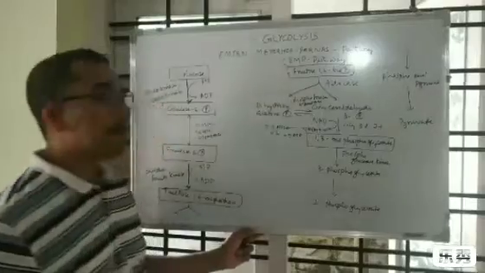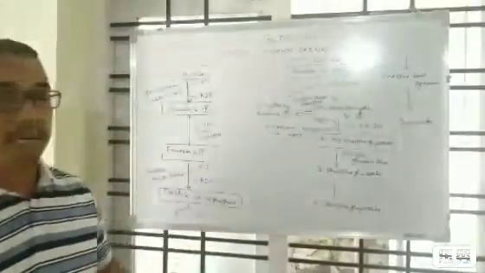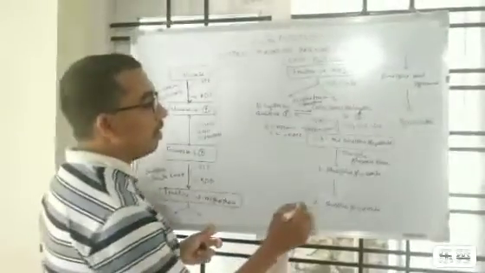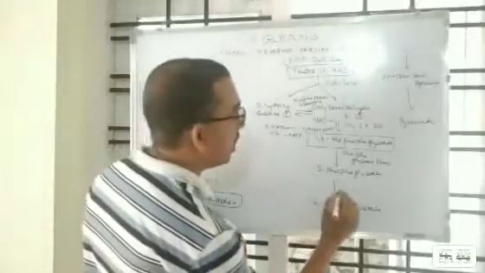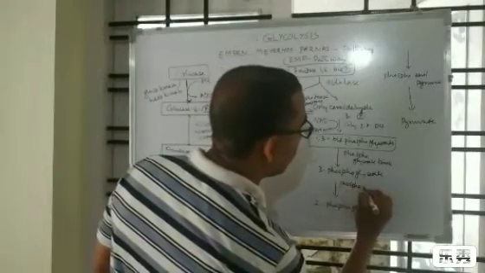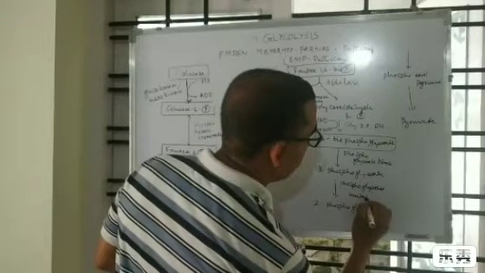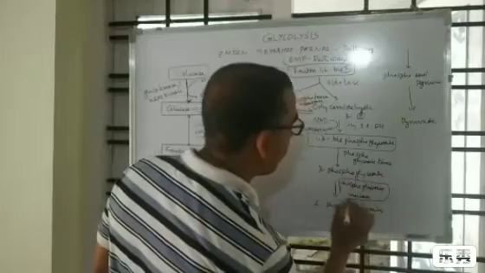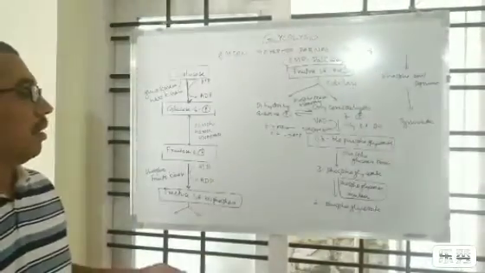And 3-phosphoglycerate is isomerized to 2-phosphoglycerate by the enzyme phosphoglycerate mutase.